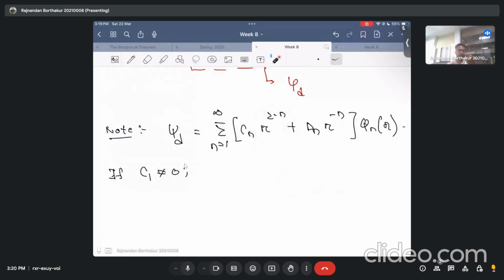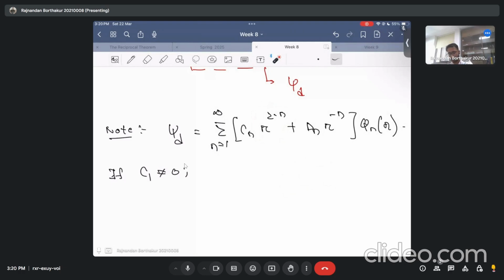I hope you can understand, which means that the maximum possible disturbance that the sphere can exert on the fluid is possible when C1 is not equal to 0. I hope you can argue that this indeed needs to be satisfied.